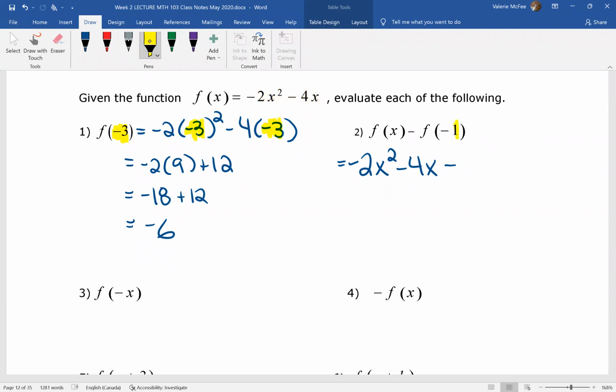The f of -1 says take each x value and change it to -1. But I see that I'm subtracting a binomial, so I'm going to need to bracket all of that. So we have -2, changing x to -1, minus 4, changing x to -1, close the bracket.